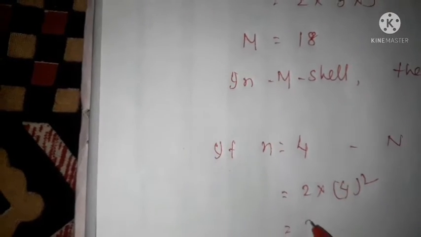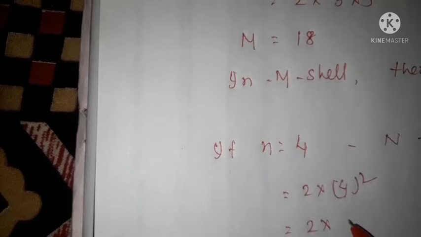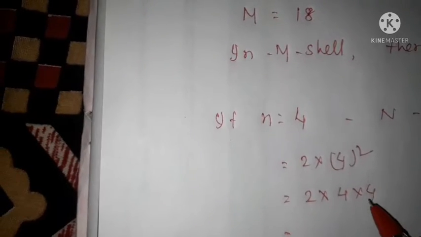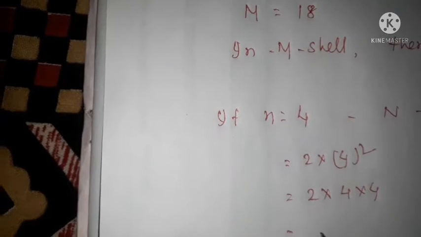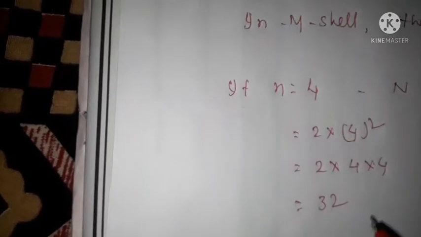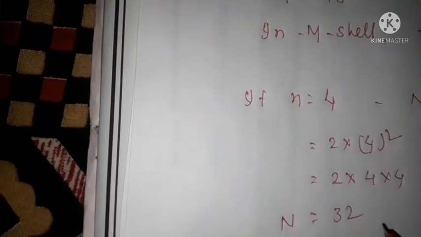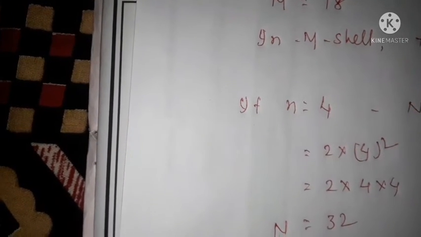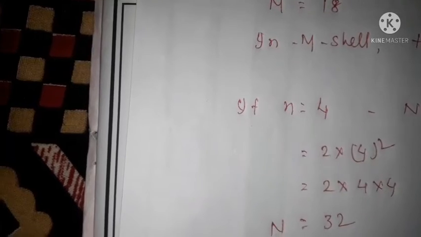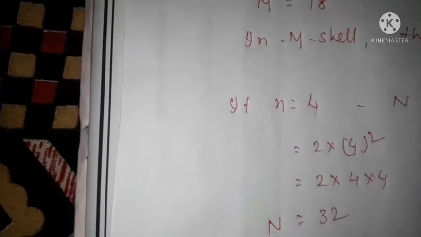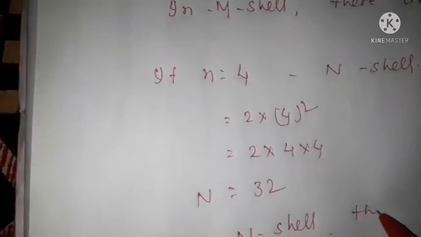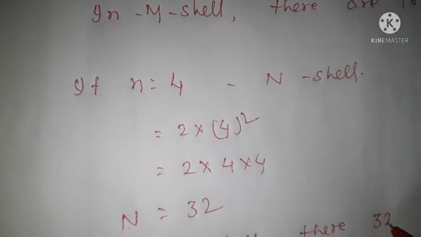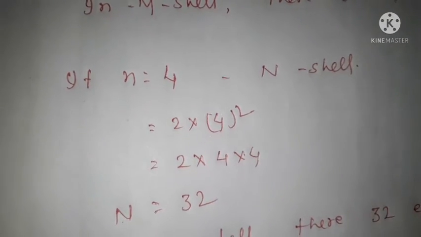Now calculating 2 into 4 into 4, that means 32. N cell contains 32 electrons. Now we can say that in N cell there are 32 electrons.